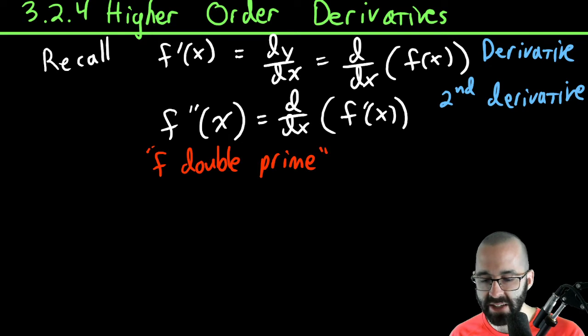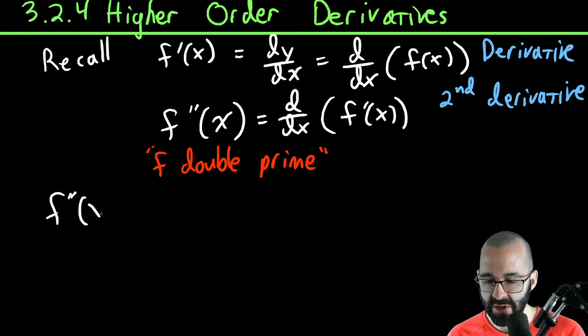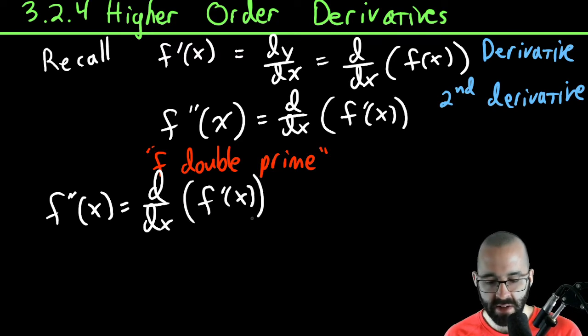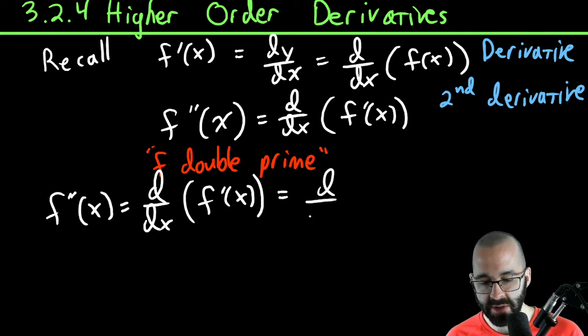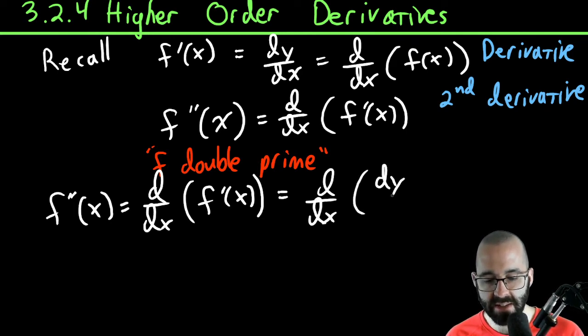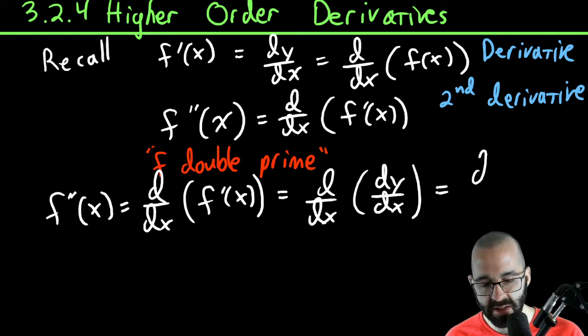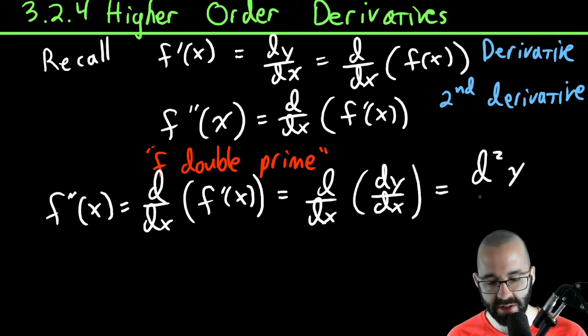So there's a bunch of different ways of writing the second derivative. Again, d dx of f prime is one. It's also the derivative of dy dx. And then there's a little shorthand in Leibniz notation, d squared y over dx squared.